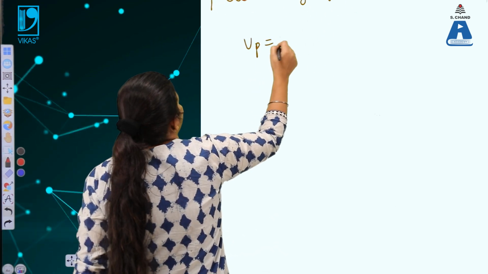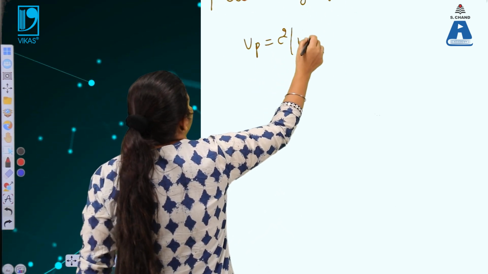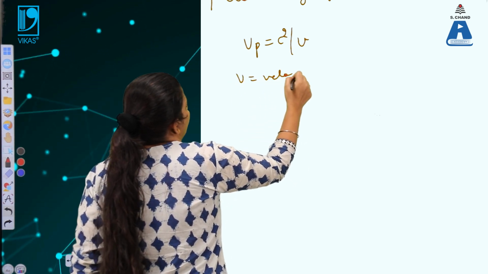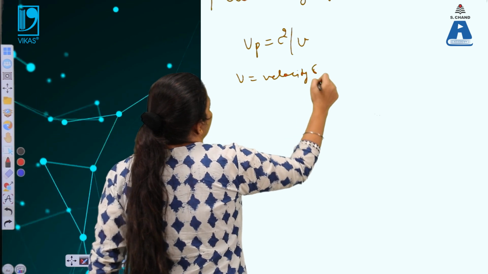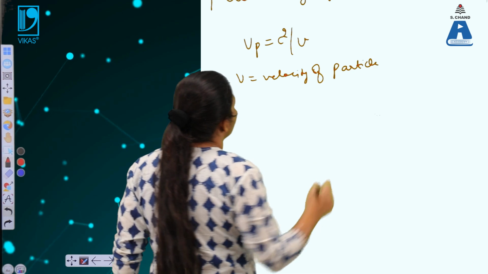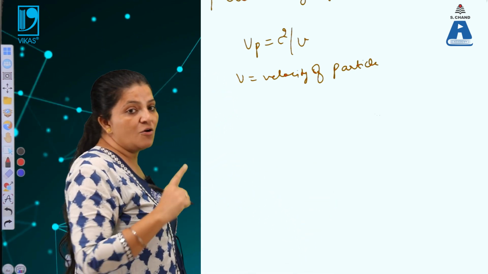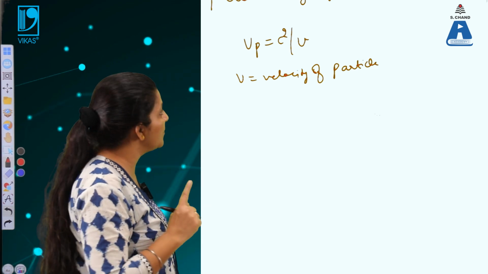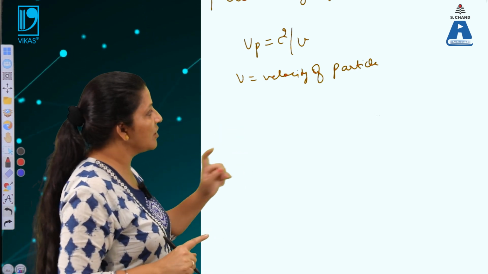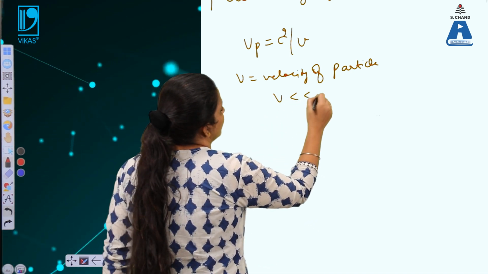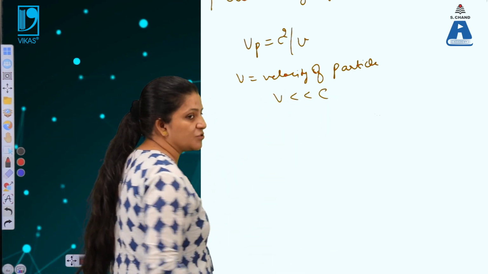That is the velocity of a particle. What is phase velocity? It is the velocity of the wave which is associated with the moving particle. Now v is the velocity of the particle. v is always less than c. It can never be equal to c.